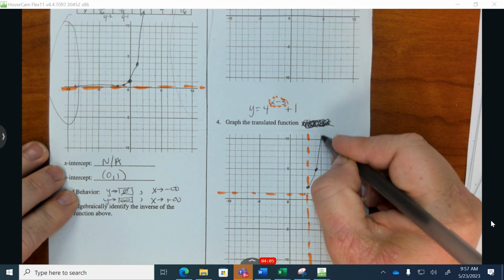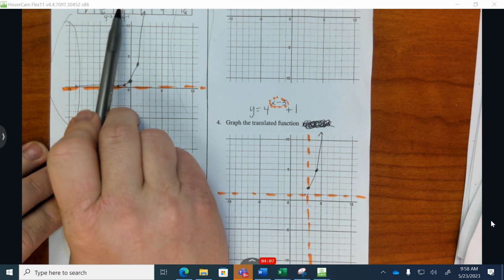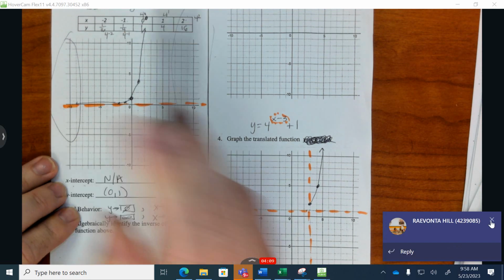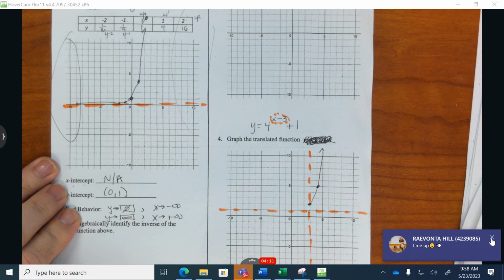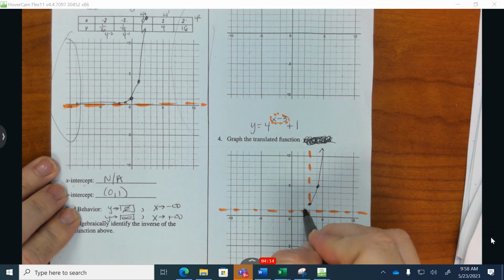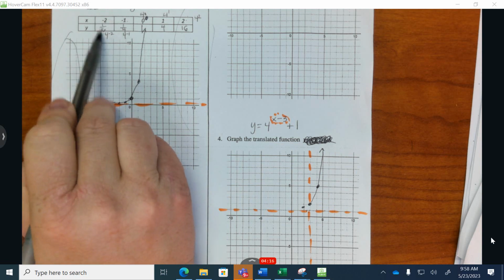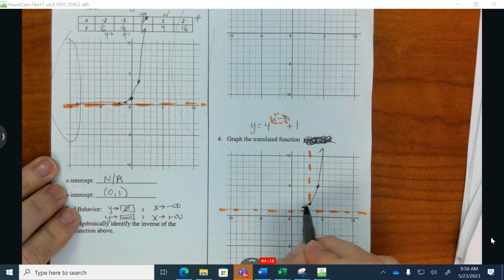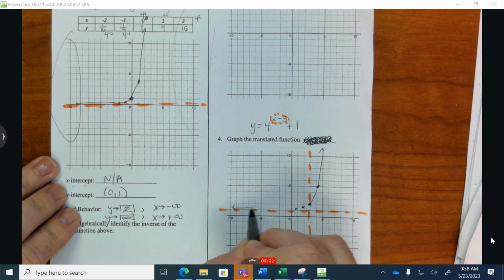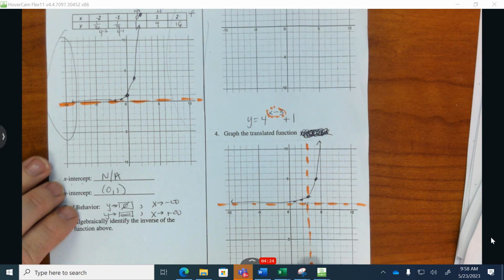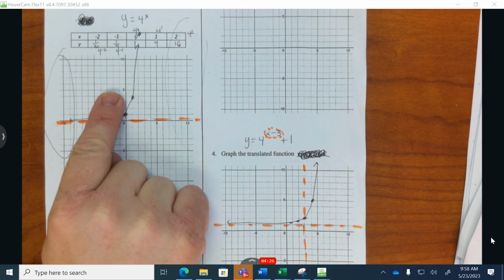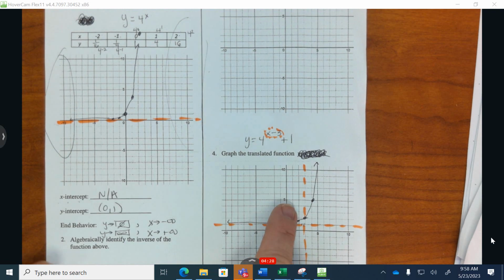So it's coming up like this. Negative 1 and 1/4, negative 2 and 1/16 would be negative 2 from here, negative 2 and 1/16. This is the transformation of this original graph.